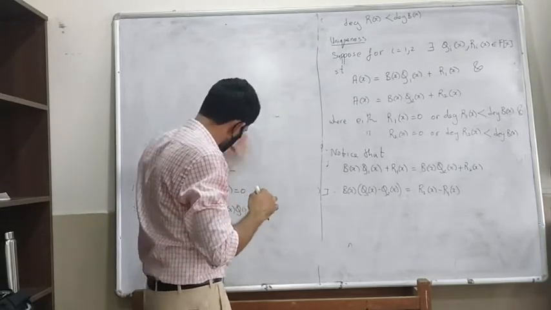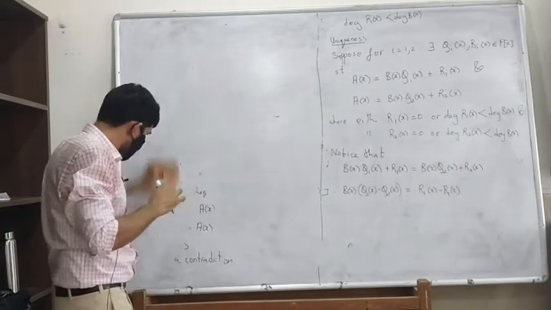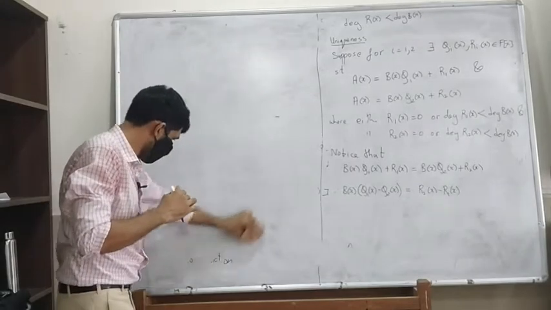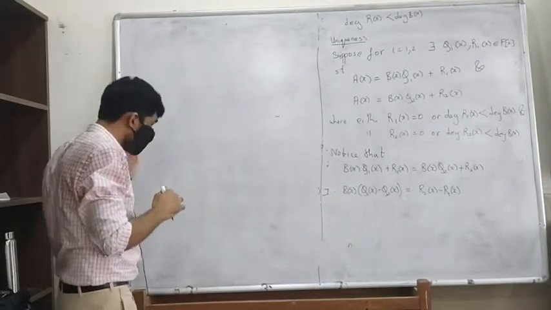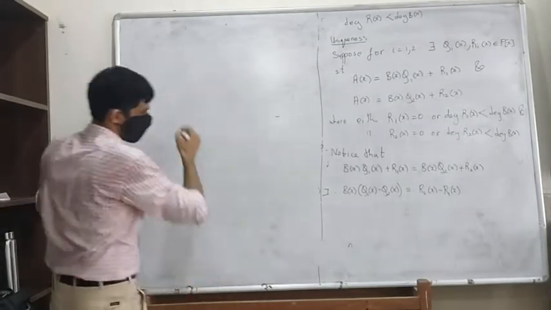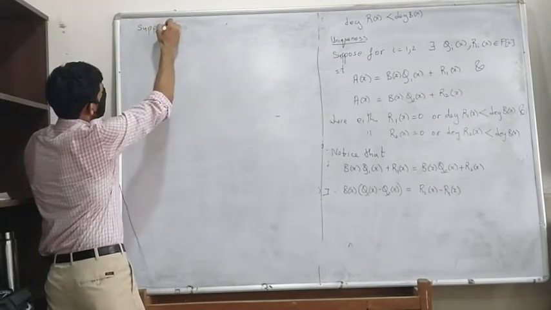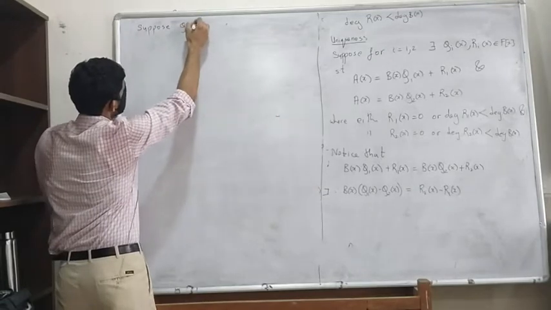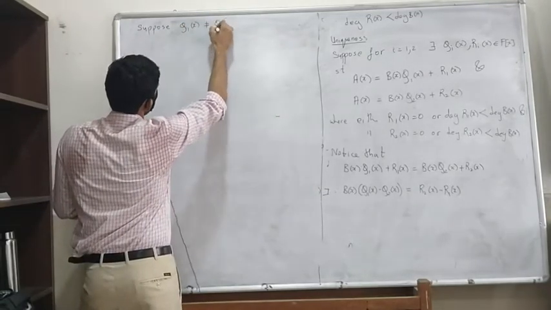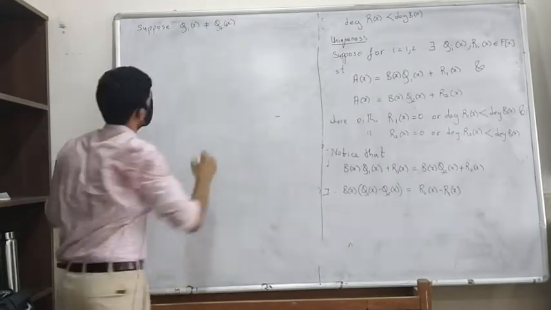So simple proof, just imitating the division algorithm in Z. So suppose Q1 of x is not equal to Q2 of x. What does it mean?